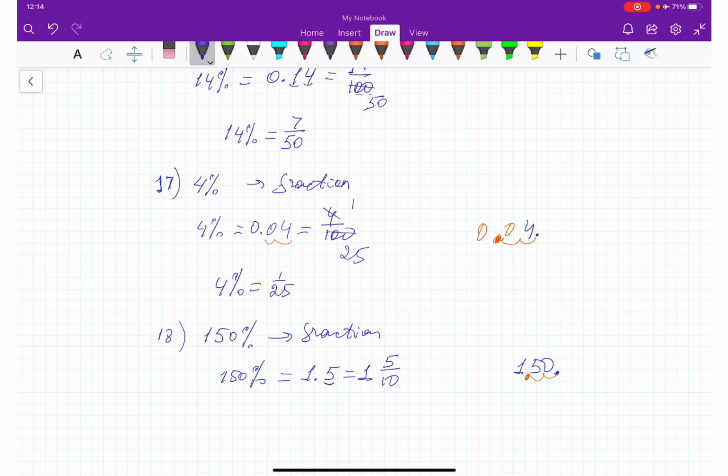One decimal place means 10. And we don't touch the whole number, we leave it alone. And 5 over 10 is going to be 1 over 2. So it will be 1 and 1 half.